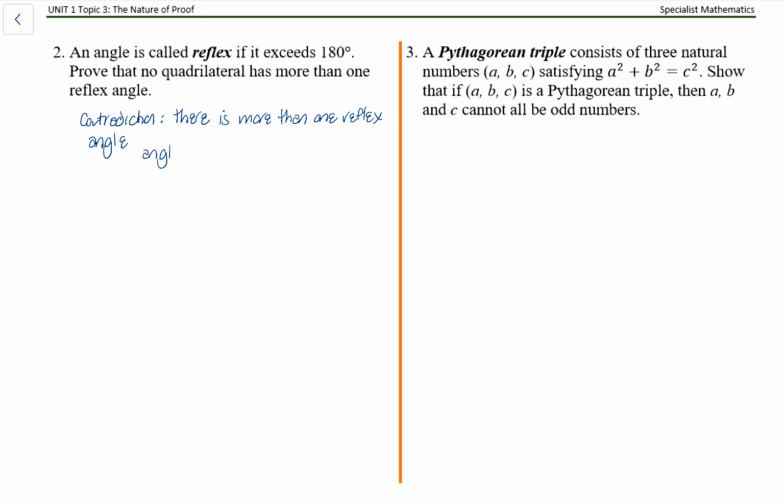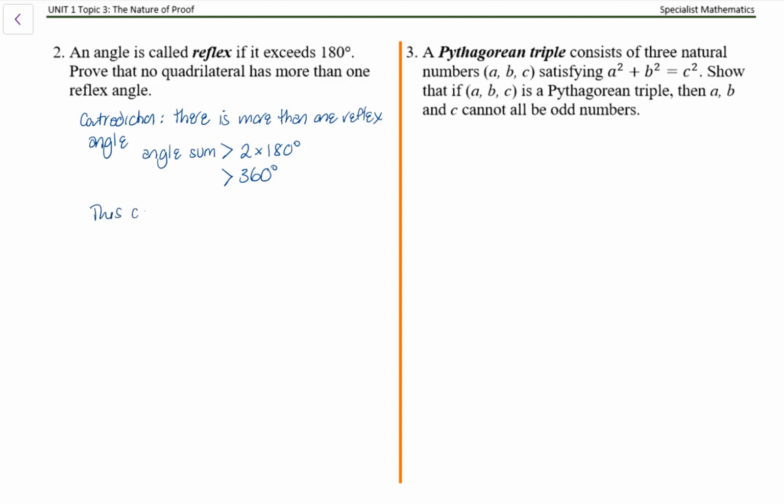So our angle sum, if that's the case, is going to be greater than 2 lots of 180 degrees if we've got more than one reflex angle, which means it has to be greater than 360 degrees. But the angle sum of a quadrilateral is 360 degrees.